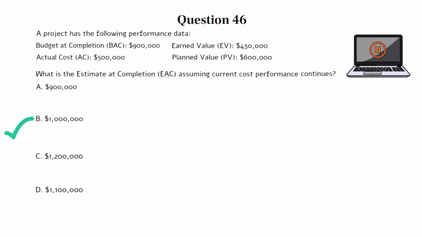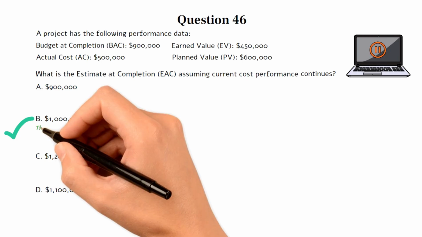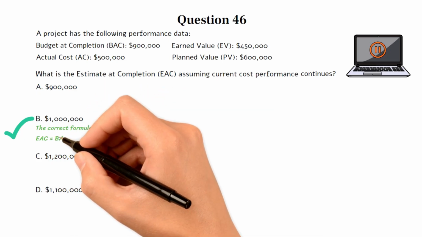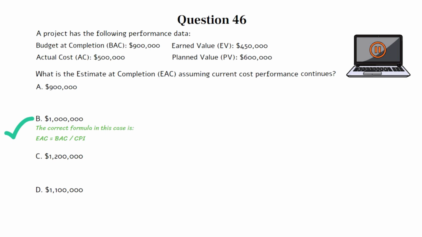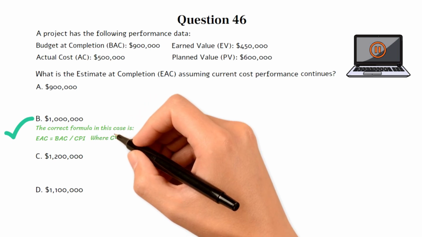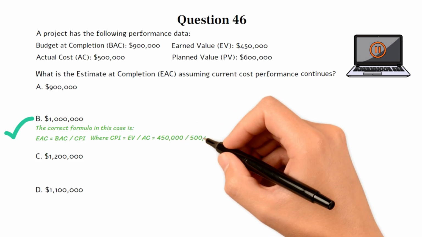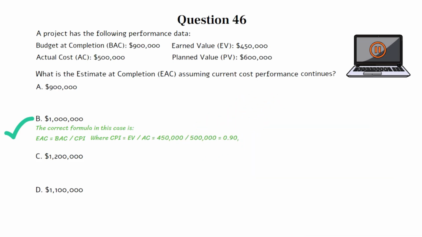This question tests your knowledge of earned value forecasting formulas, specifically how to apply EAC when assuming current cost performance will continue for the remainder of the project. Choice B is the best option because the correct formula in this case is EAC equals BAC divided by CPI, where CPI equals EV divided by AC equals 450,000 divided by 500,000 equals 0.9.